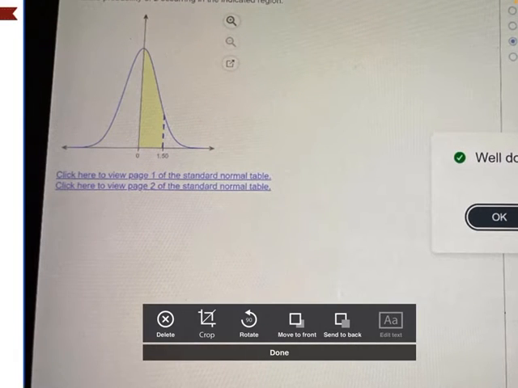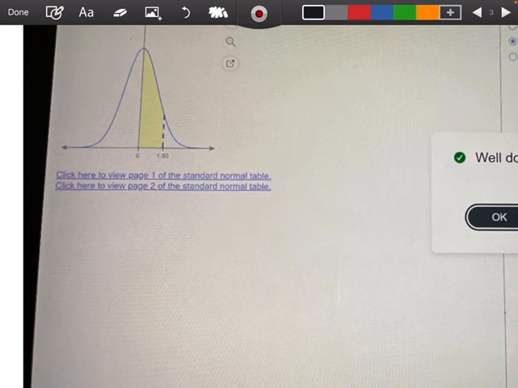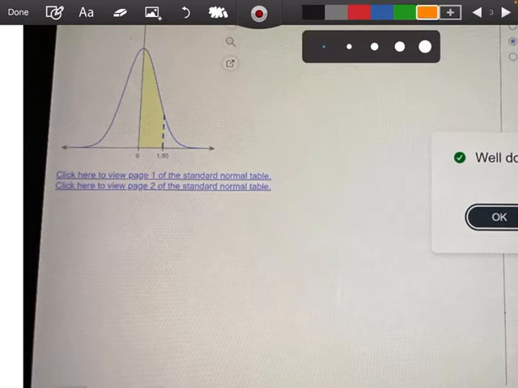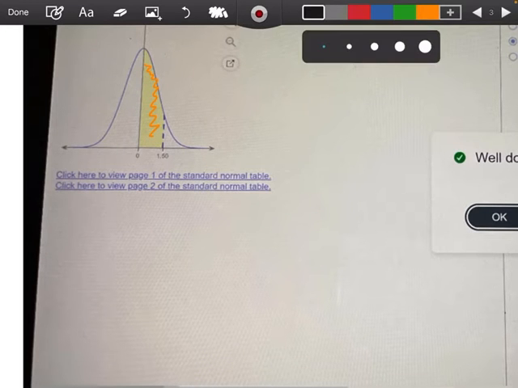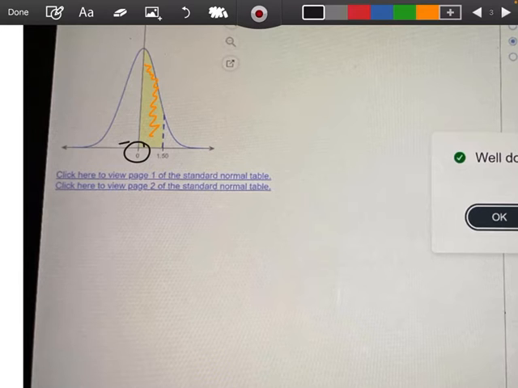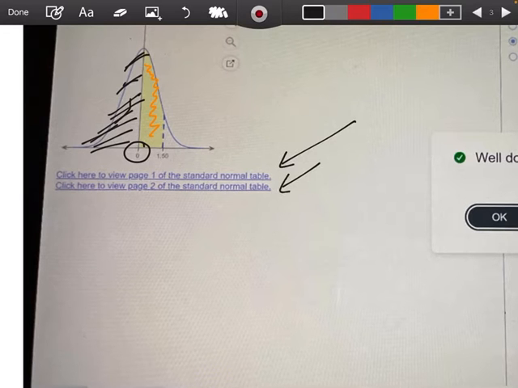So my table is always going to tell me the area to the left. Since we're trying to find this area right in here, this is how we're going to do it. We're going to say, let's find the area to the left of 0, right? So we're finding that.